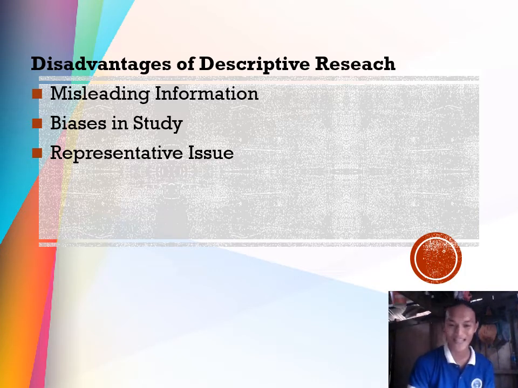So next is representative issue. When we talk about representative issue, some of the information is not reliable, not believable, the information that they give to you.